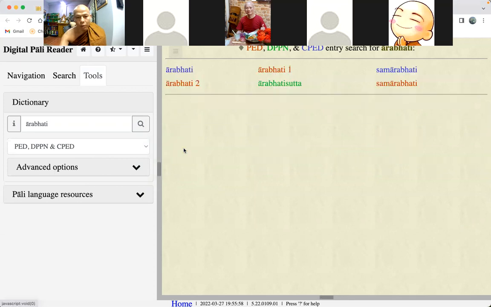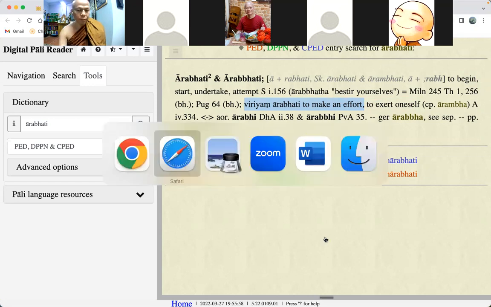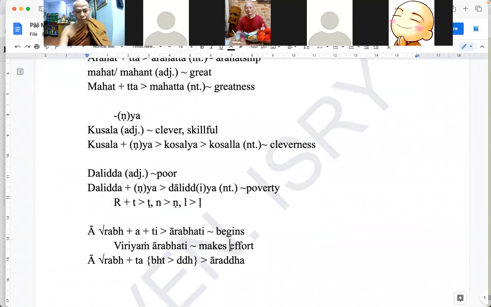Not this meaning, this one: just to begin. But with the collocation viriyam arabhati, it means makes effort, to make an effort or to exert oneself. So please correct that one.